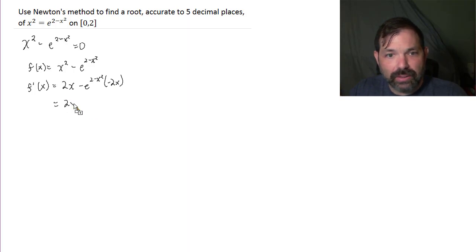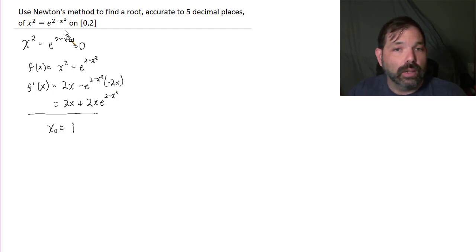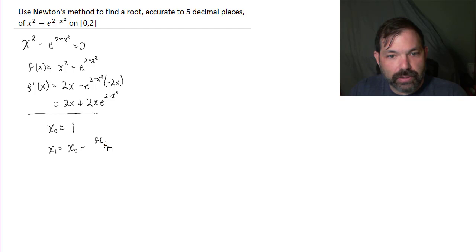So that's 2x plus 2x e to the 2 minus x squared. I'll use as my x0, 1, the midpoint. So then my x1, following Newton's method, is x0 minus f of x0 over f prime of x0.